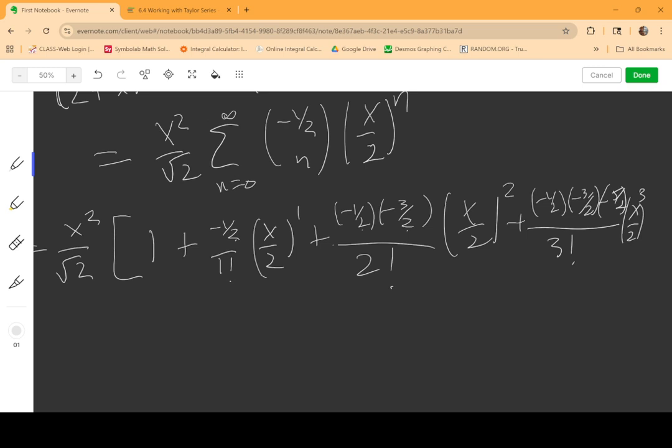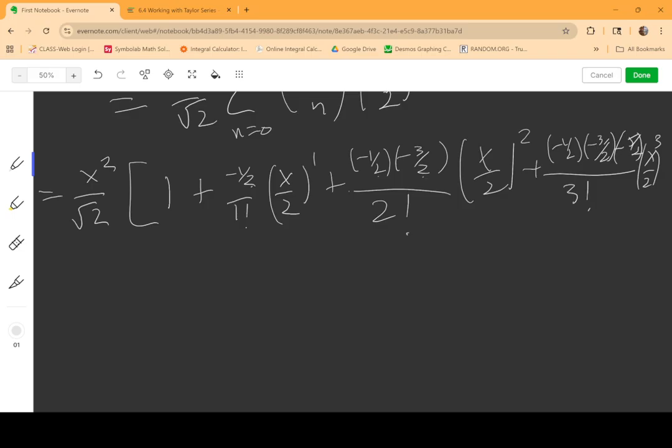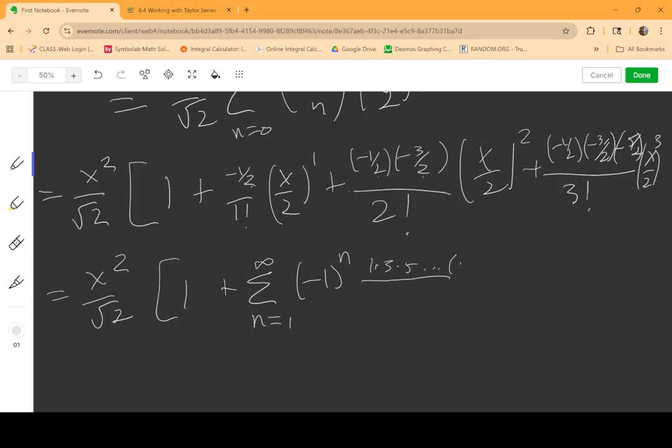One thing we can do is rewrite this in a different manner, still the same power series, where it'll be x squared over root 2 times 1 plus the sum. We start at 1 to infinity, alternating, first one being negative, and in the top we don't quite have factorials. It's all the odd numbers: 1, 1 times 3, 1 times 3 times 5, etc. So it'll be 1 times 3 times 5 up to the nth odd number, 2n minus 1.